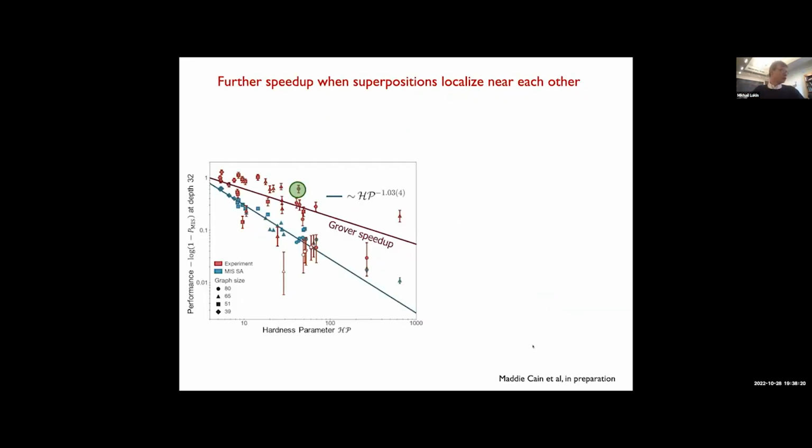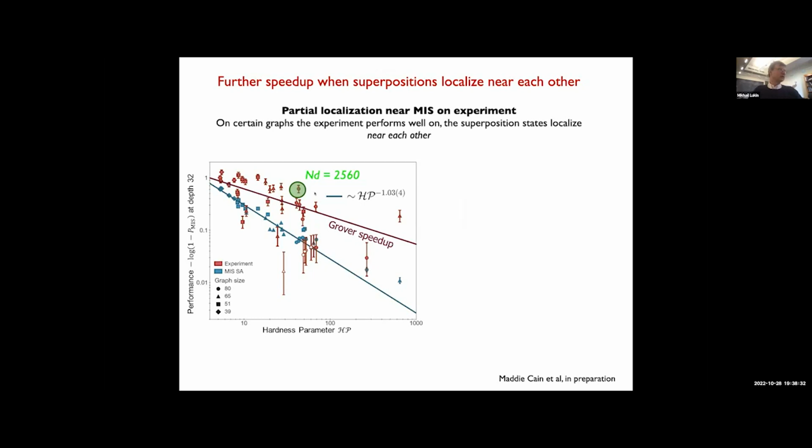One other thing which we discovered by reanalyzing our data is that there are some instances here, for example, which perform extremely well, which are pretty hard. And again, it happens for very deep circuits, but for these instances, it turns out that in the solution space, the wave function is actually not delocalized.